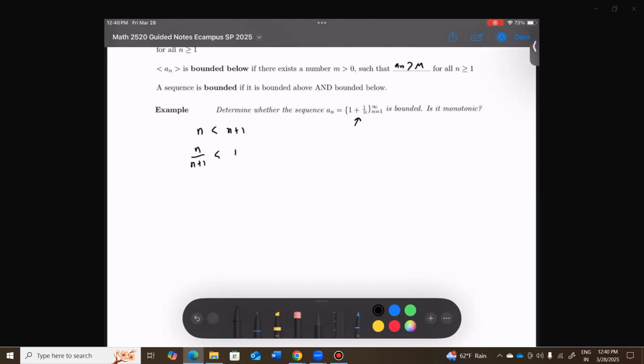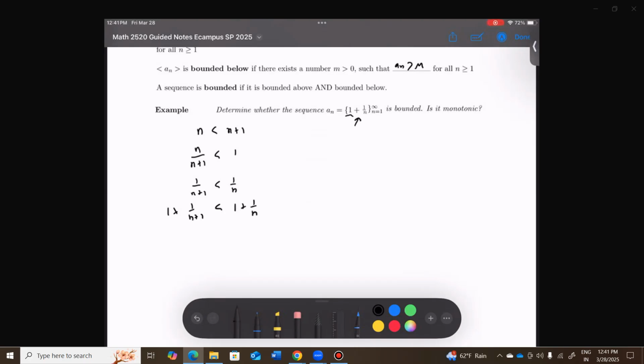So you have n over n plus 1 is less than 1. And then we're going to divide by n on both sides. So we get 1 over n plus 1 is less than 1 over n. And then we're going to add 1 to both sides. I'll do it the other way, that way it matches up. 1 plus 1 over n plus 1 is less than 1 plus 1 over n.